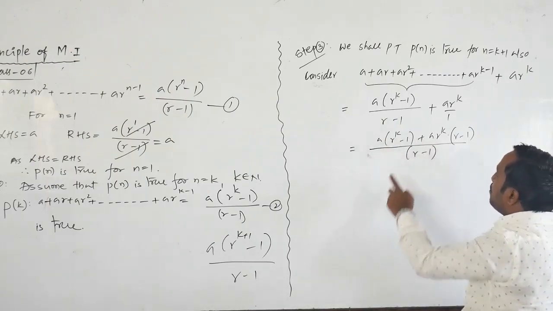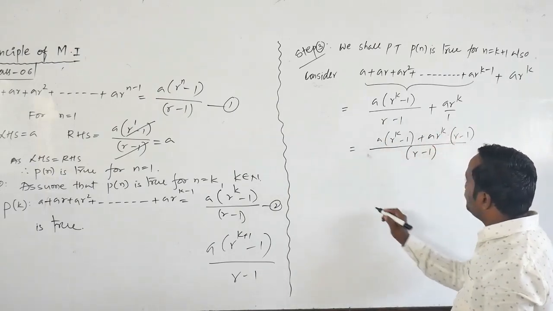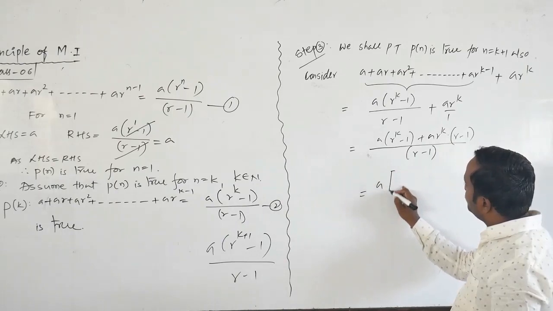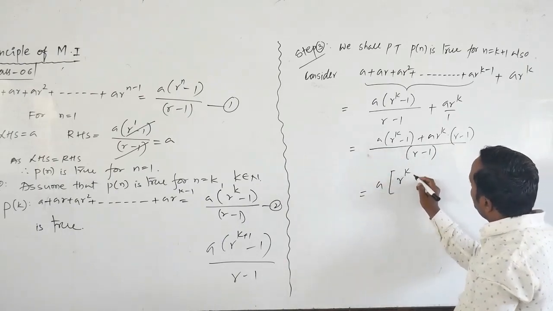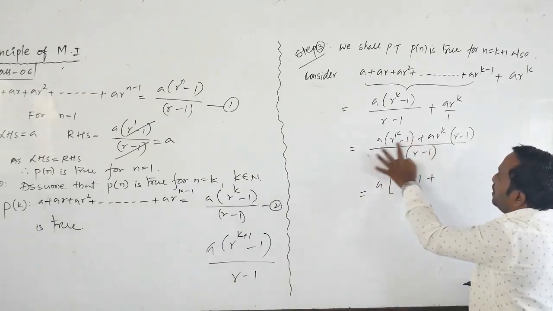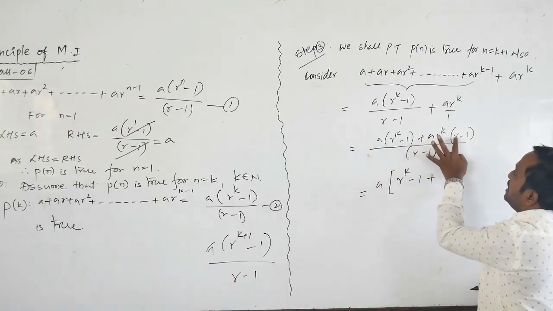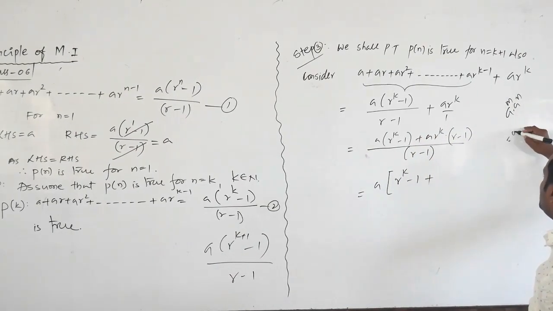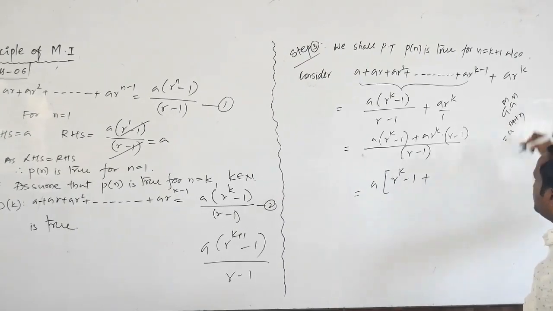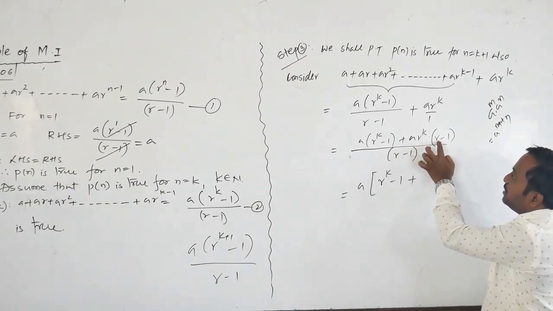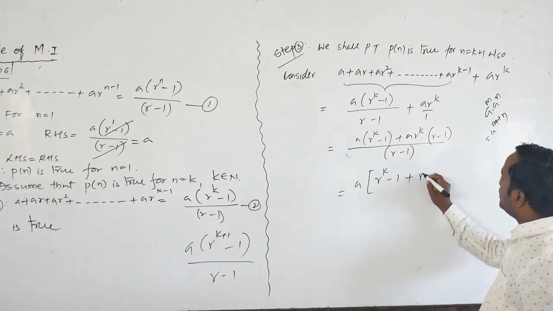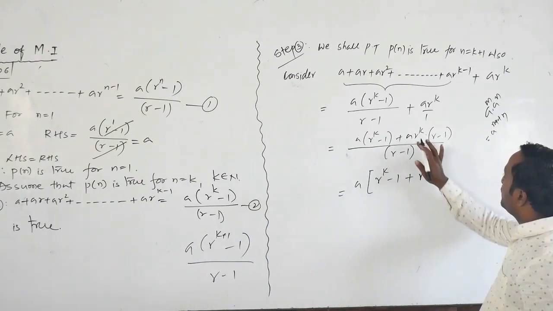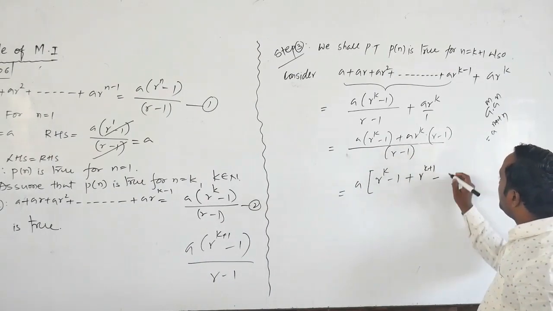Here A is common, take it outside. Here R raised to k minus 1. You know very well A raised to m into A raised to n is equal to A raised to m plus n. Apply that: R raised to k into R raised to 1 is R raised to k plus 1, minus R raised to k.